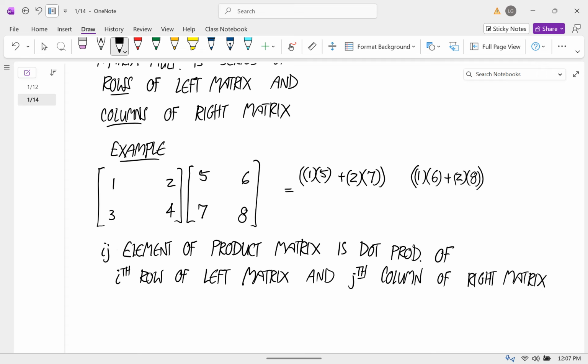And now we want the 2, 1 element. So we want the second row of the left matrix dotted with the first column of the right matrix.